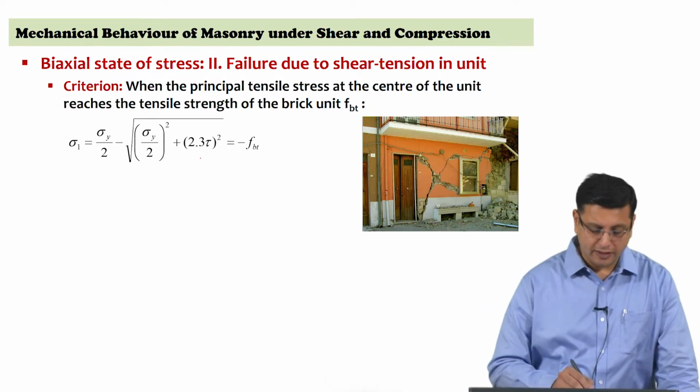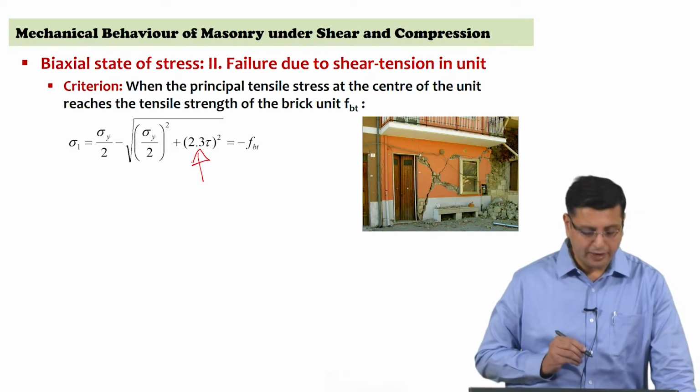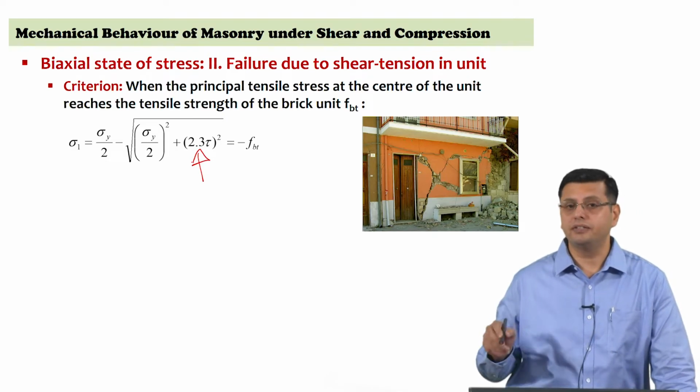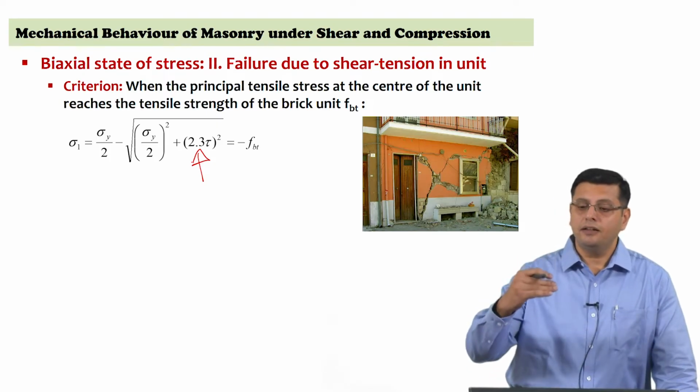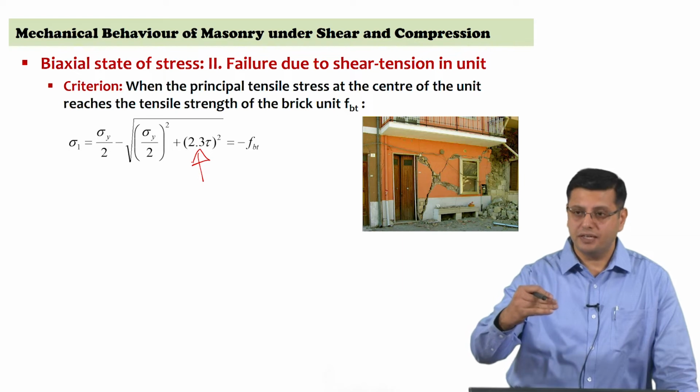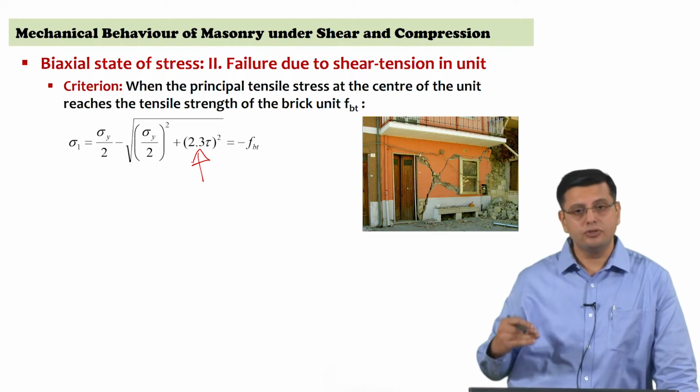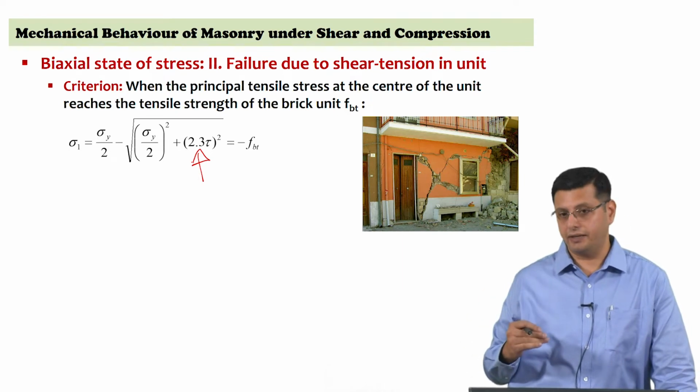It is from that this value 2.3 in the bracket, 2.3 tau that you see there, which is basically the magnitude of the shear stress from the joint to the center of the brick itself.